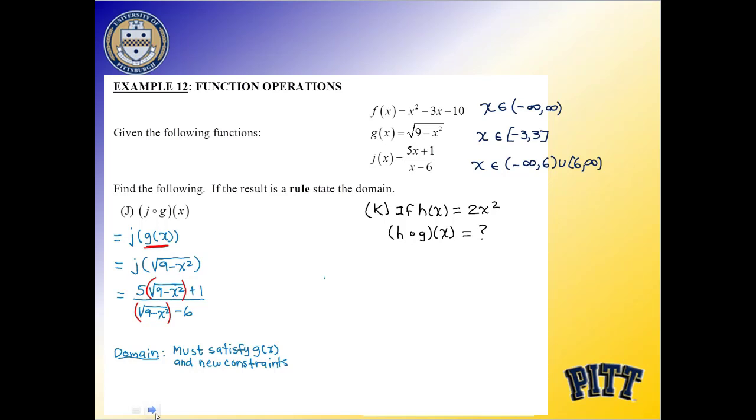Now I also have to look and see, was there anything that would create a 0 in the denominator? And I could go through really quickly here. I'll go through on this up here. Well, if I do the square root of 9 minus x squared, the only way for that to happen is if this equals 6. Now I'm not going to show the entire solution process. If I square both sides, I get 36, which means I have 9 minus x squared equaling 36.